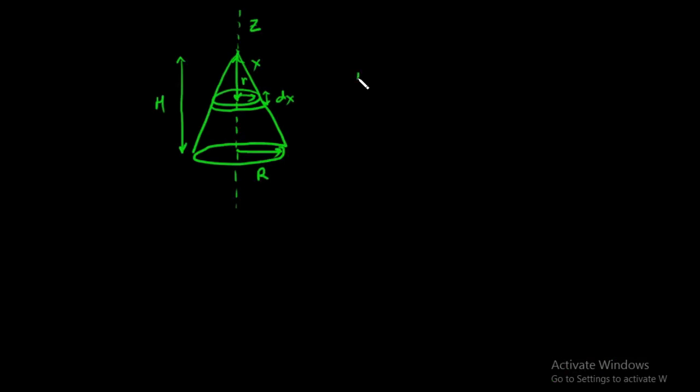Now let us calculate the moment of inertia for a solid cone. Suppose this is a cone, this is a point O, this is point A, this is the Z axis. I want to calculate the moment of inertia of the whole cone about an axis passing through Z. So I assume a disk.